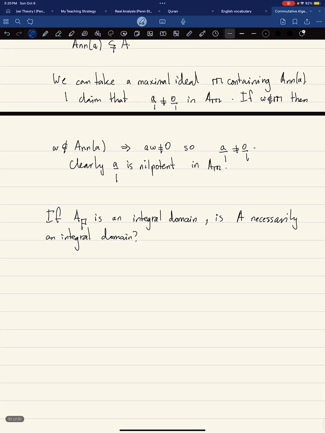Well, it's a question, so that means that it's probably not true. So we need to find some ring which is not an integral domain, but when you take its localization by P, it is. And I think the counterexample would not be easy.